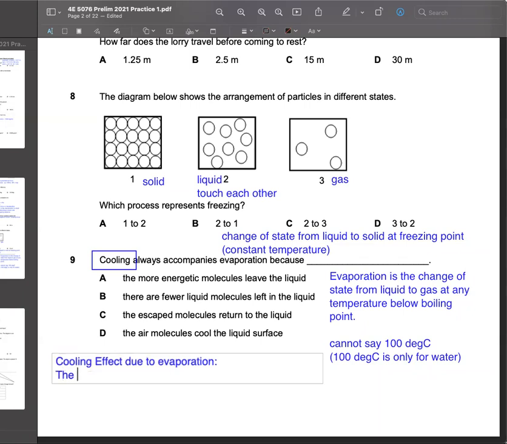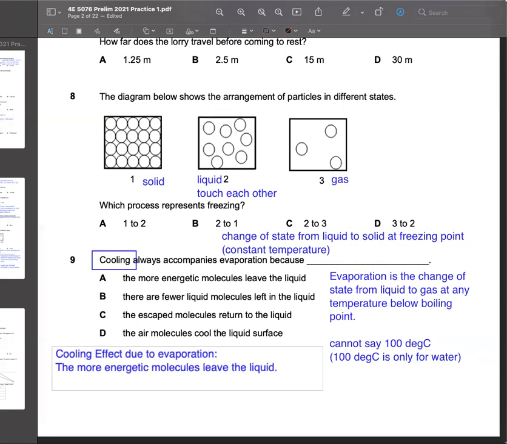Because the more energetic molecules leave the liquid, then it is left with the less energetic molecules.